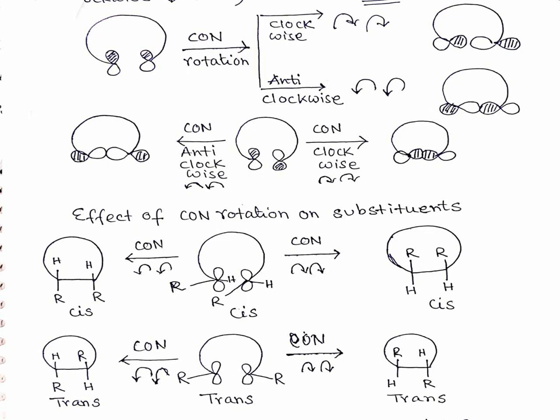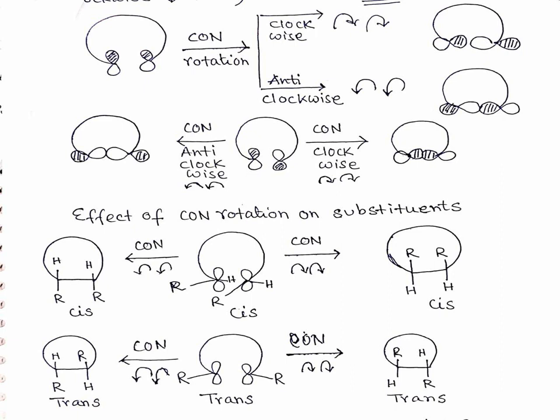Now for the cyclic system, cis means same side and trans means opposite side, that is clear. But for the open chain, without that sigma bond, the cis and trans we have to see with respect to the p orbitals. So with respect to p orbitals, if the two substituents are on the same side, means in this picture two R groups are on the left side, that is called cis.